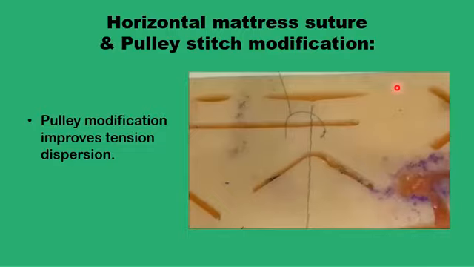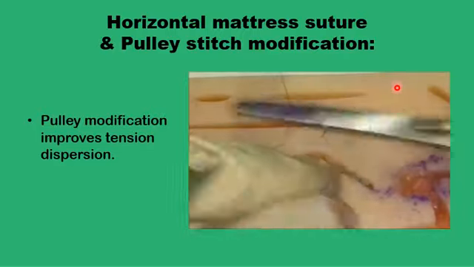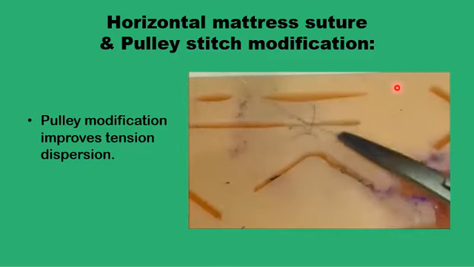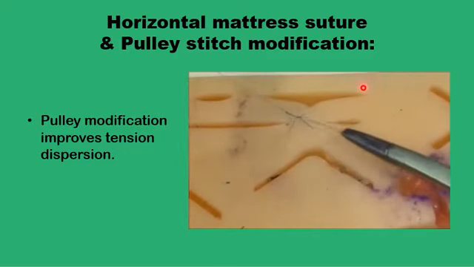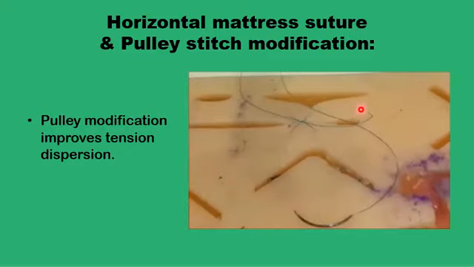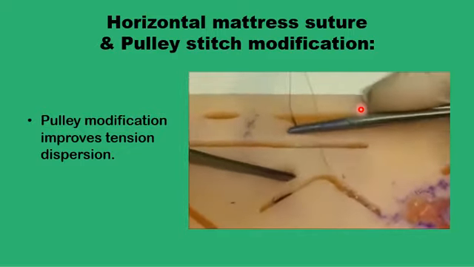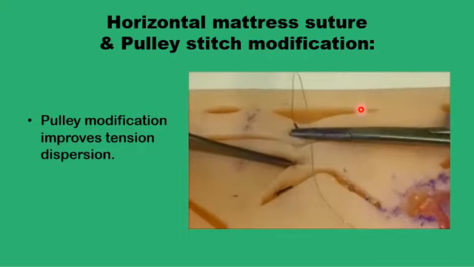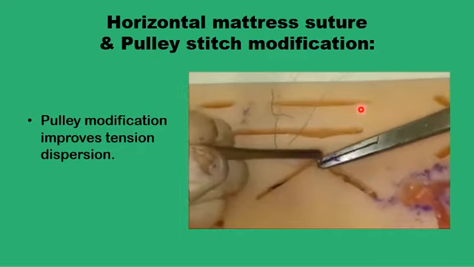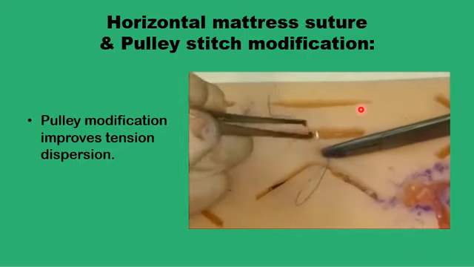You produce this effective way of dispersing the tension in high tension wounds. And you would notice here that the wounds are kept in good opposition even without tying the final knot. I dropped the needle and the wound is still in good opposition.